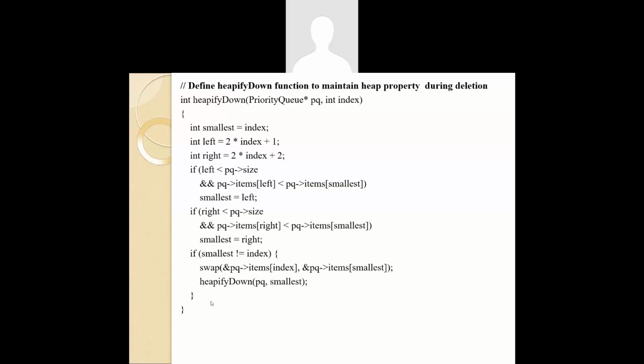Then I compare the smallest with the current index. If it is not equal, I have to do the comparison of all those things. Finally, I have to call heapify down. The heapify down function stores the numbers according to descending order. To arrange the elements in descending order, we are using heapify down.